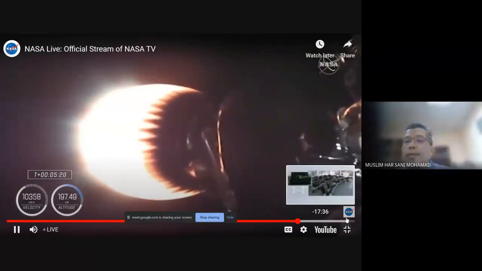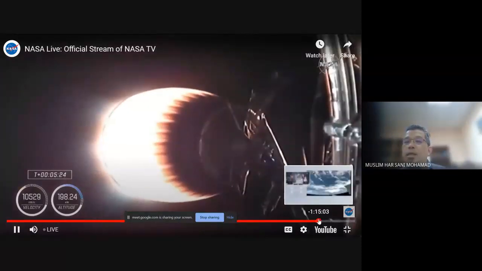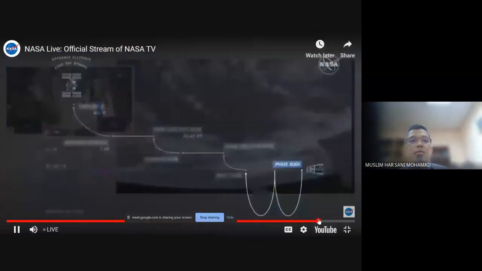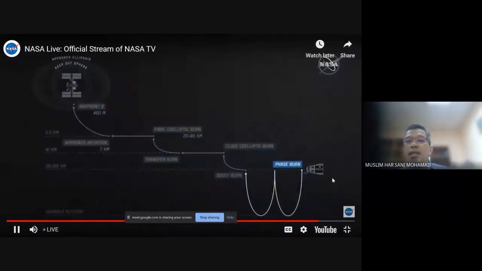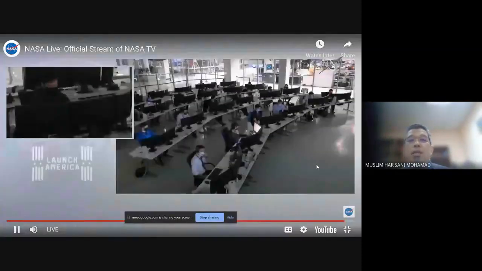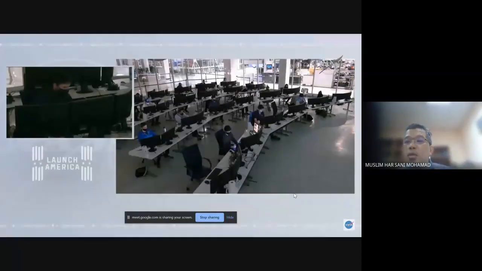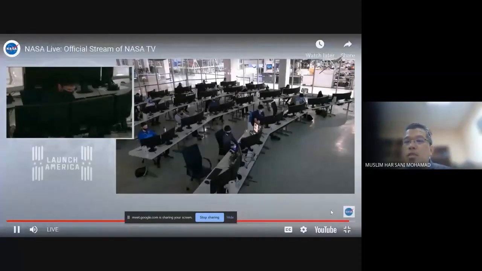Okay, I think they have almost reached the ISS. Maybe it's already there. And this one is a website by NASA. I think they're monitoring. Anyway, I just want to highlight the level of partnership and how useful that is in terms of exploration technology.